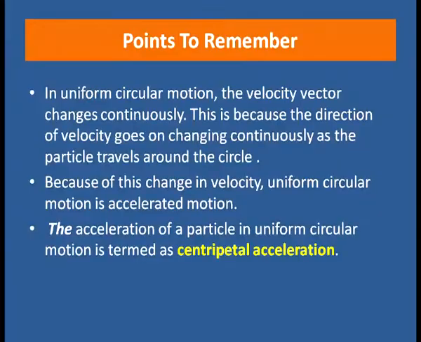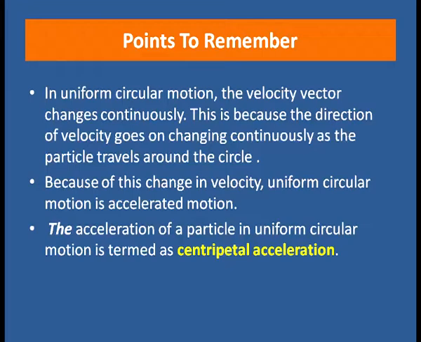In uniform circular motion, the velocity vector changes continuously. This is because the direction of velocity goes on changing continuously as the particle travels around the circle. Because of this change in velocity, uniform circular motion is accelerated motion, because whenever there is a change in velocity, there is an acceleration.